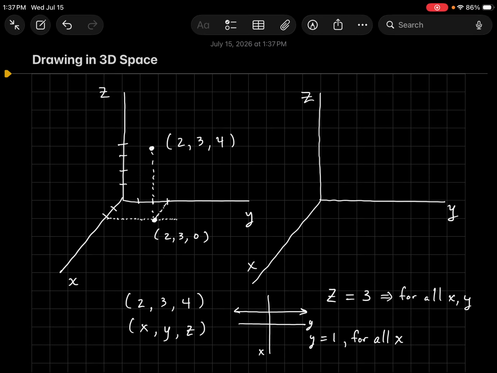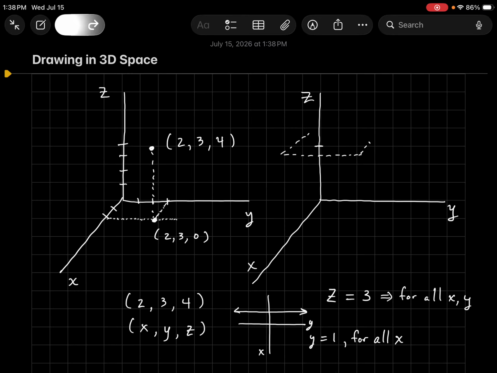So when we leave off a variable in a certain dimensional space, it's true for all of that variable. So here's how I would draw something like z equals 3. I'll just go up to z equals 3. I'll put it right there. And I know it's that height, but all x's and y's at that height. So it ends up being a plane. Something along these lines.